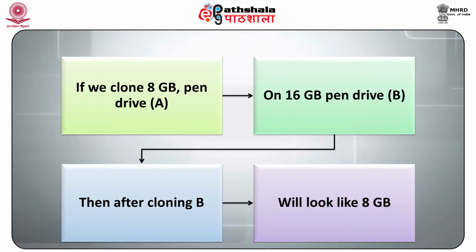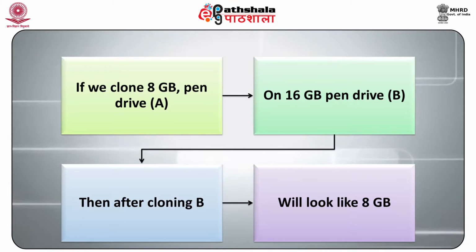While using WinHex, it is important to note that the source media should be smaller than the destination media. Only then will WinHex allow us to do so. If we clone 8 GB pen drive A onto 16 GB pen drive B, then after cloning, B will look like 8 GB.